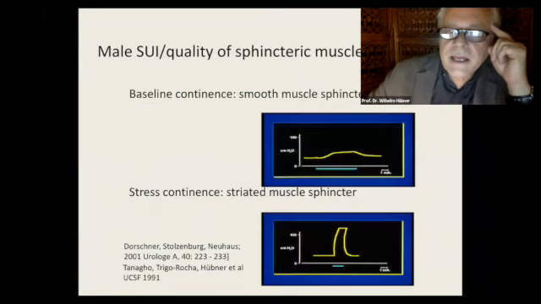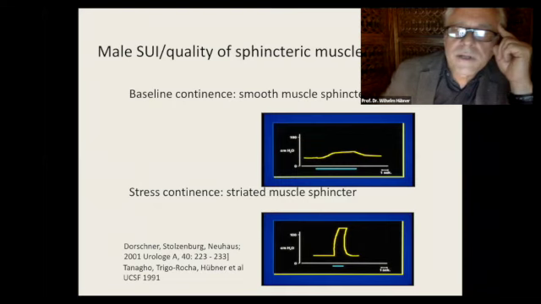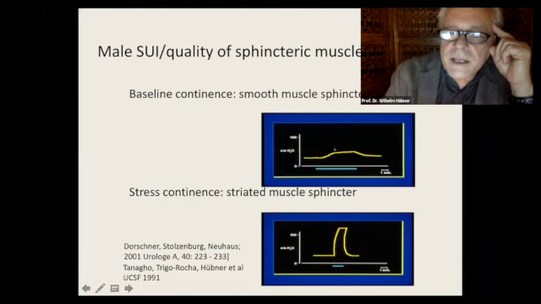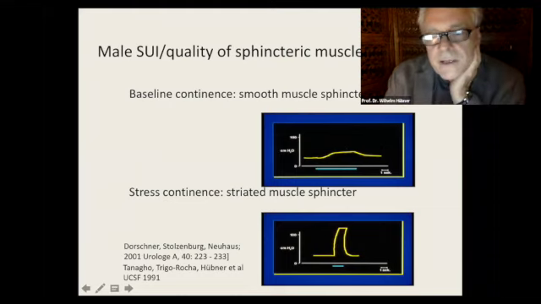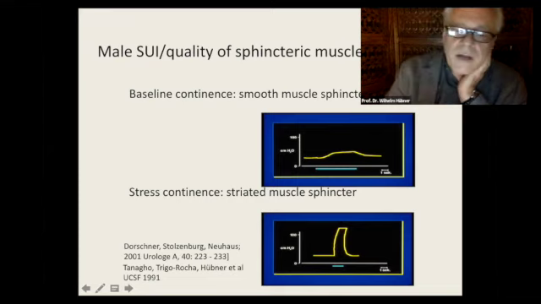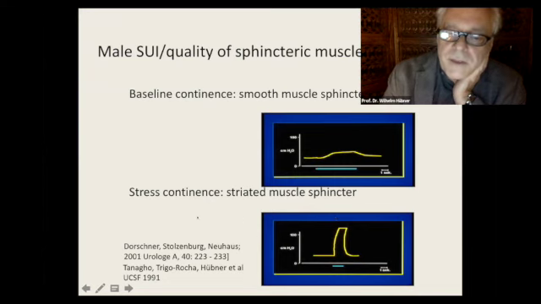So what are the capabilities of these muscles? The smooth muscle can contract on a long-term basis, it can permanently contract, but not very strongly. It only contracts by 10 to 15 centimeters of water. On the other hand, the striated muscle from the pelvic floor can contract very strongly, up to 100 and 150 centimeters of water, in order to resist intra-abdominal pressures of that height.